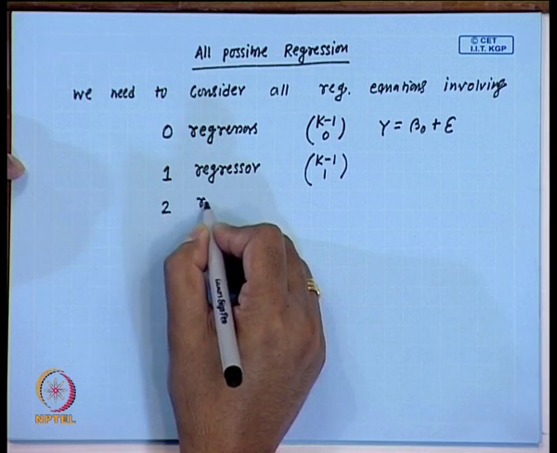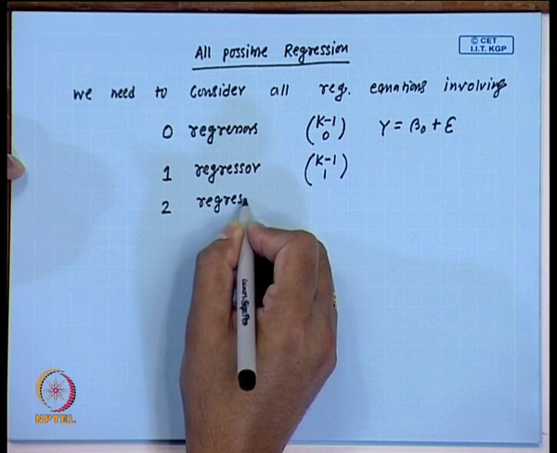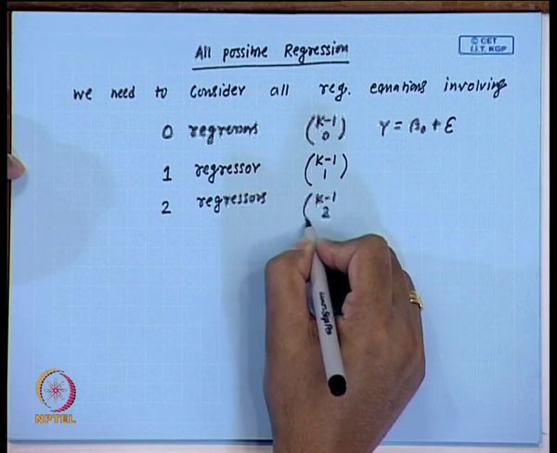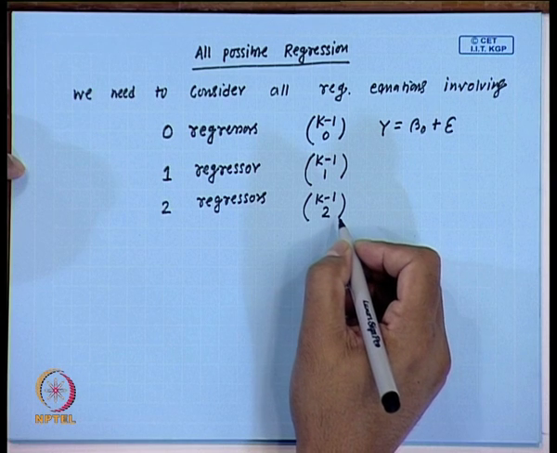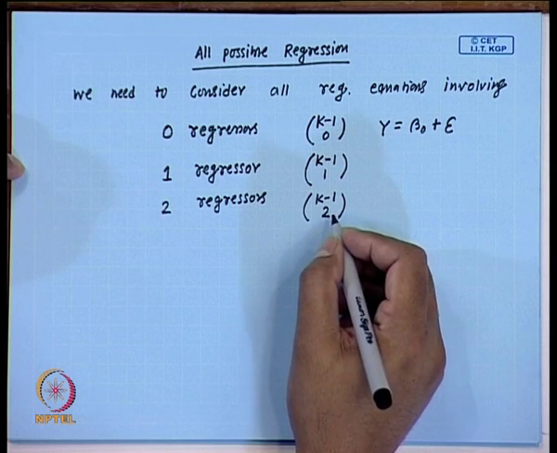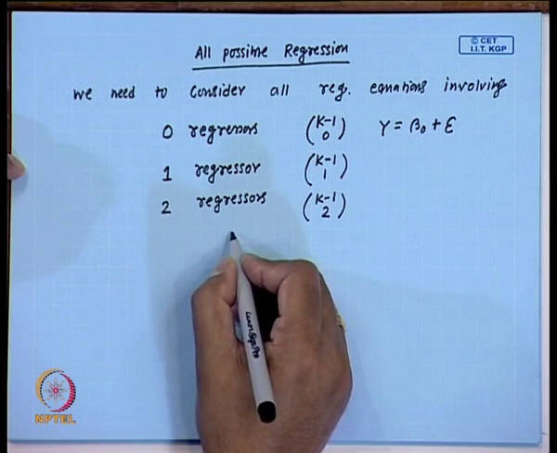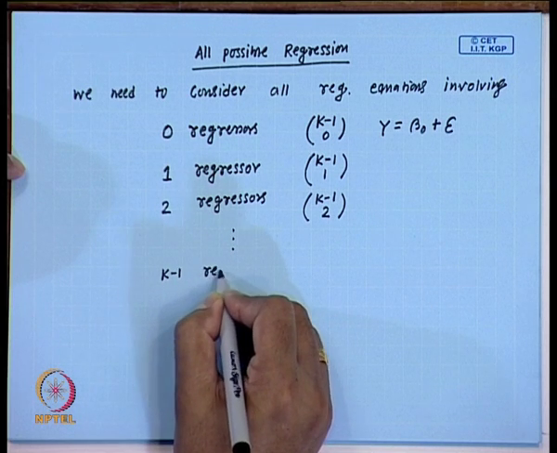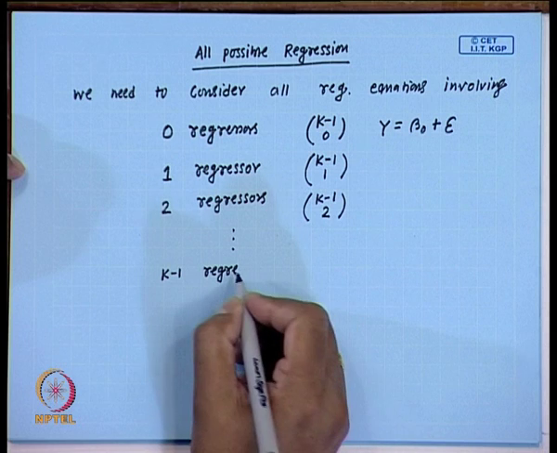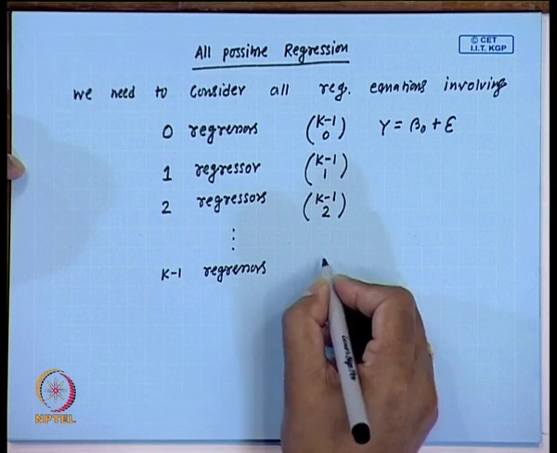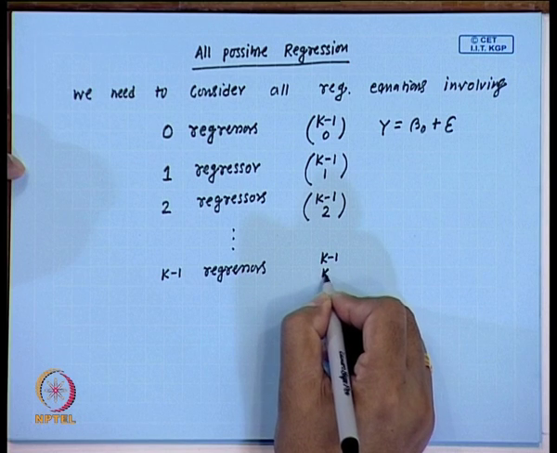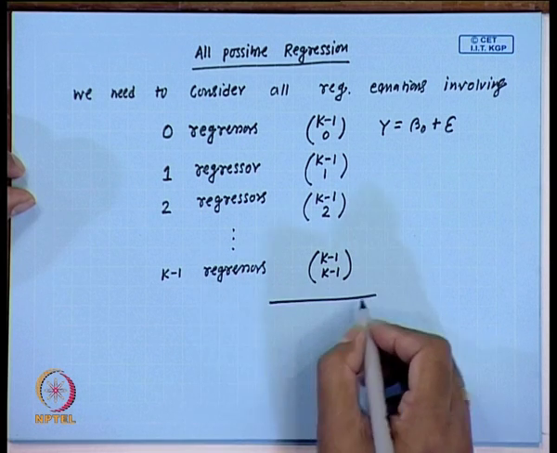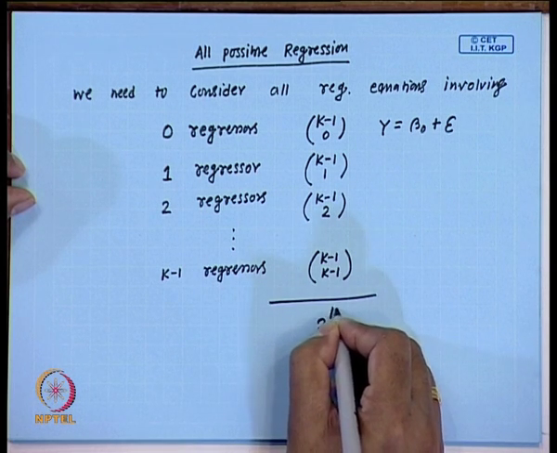With two regressors, k minus 1 C 2 regression models are there involving two regressor variables. Similarly, we go up to k minus 1 regressors. The number of models involving k minus 1 regressors is 1. So in total we have 2 to the power of k minus 1 regression models.